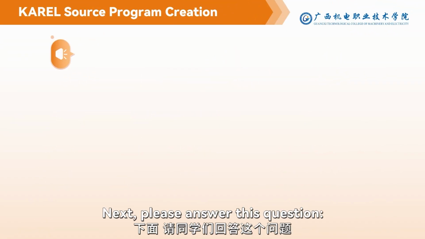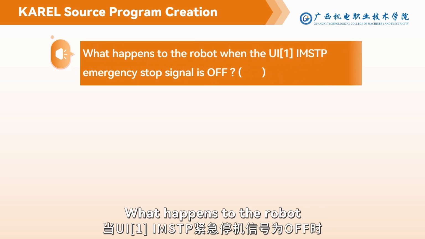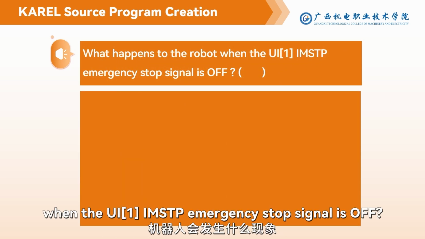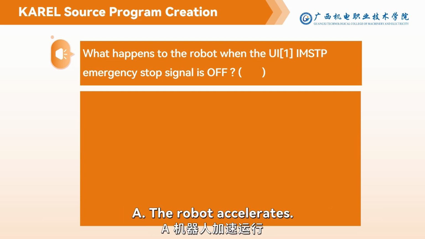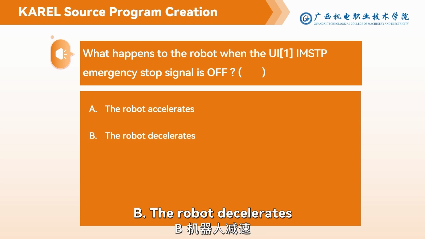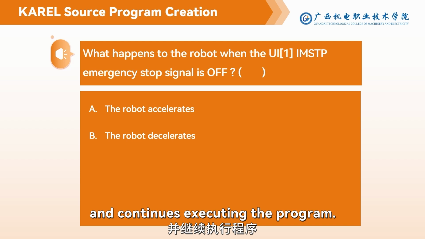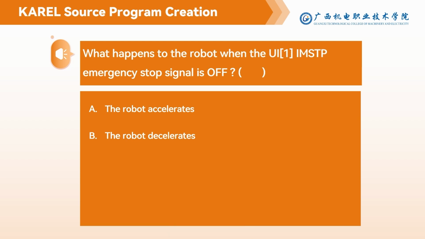Next, please answer this question. What happens to the robot when the UI1 IMSTP emergency stop signal is off? A. The robot accelerates. B. The robot decelerates and continues executing the program.